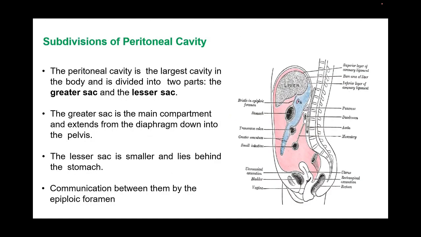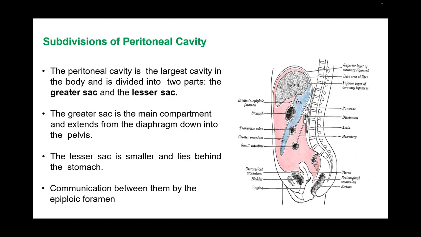Now, how is the peritoneal cavity subdivided? The peritoneal cavity, as we mentioned, is the largest cavity in the body, and it is divided into two parts: the greater sac and the lesser sac.